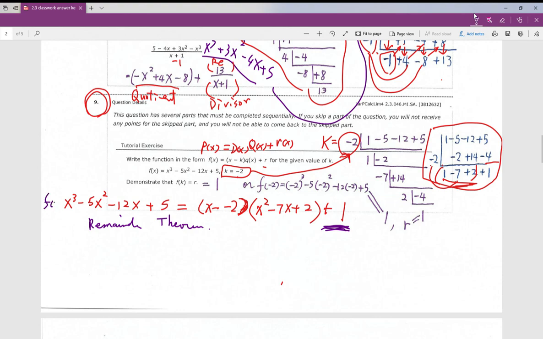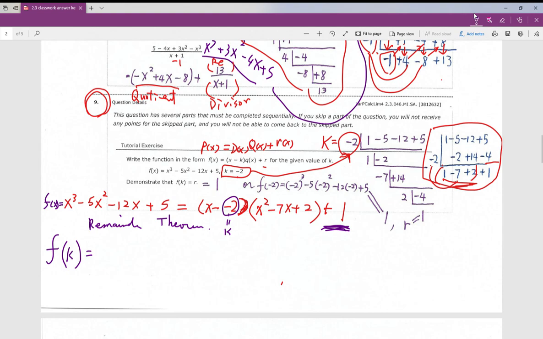But right now, let me write down this one. This is f of x, right? Let me tell you what the remainder theorem is. K equals -2. So you input this k into your function f.